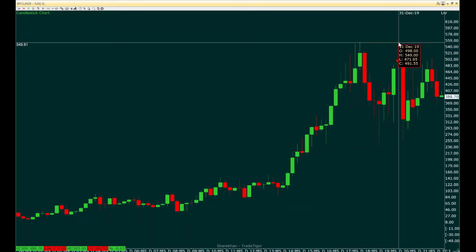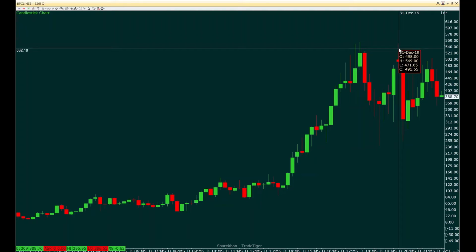Unfortunately, price was not able to close above this 550 level, and again it came down, and it reacted from the same area from where it previously reacted. Now, if you see one change in the way the price is moving, the second high which was made here was lower than the previous high.